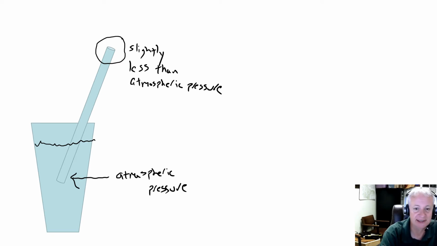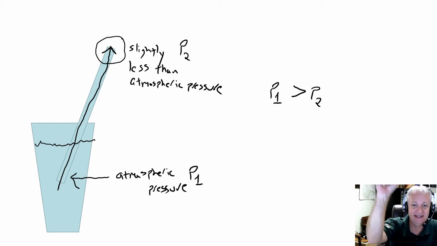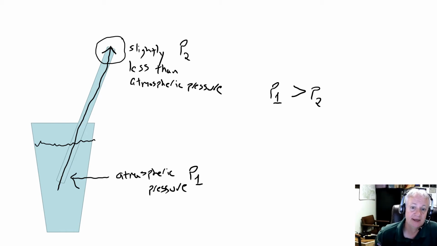And when that happens, that pressure difference, so this might be P1 and P2, where P1 is greater than P2, there's a pressure gradient, and water moves by bulk flow down that pressure gradient.